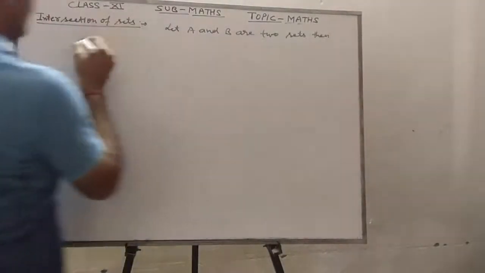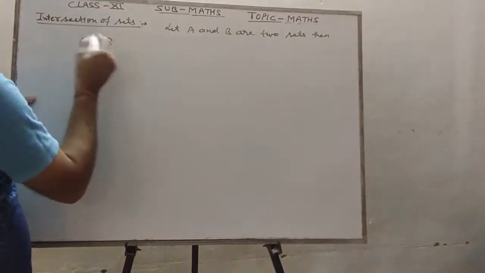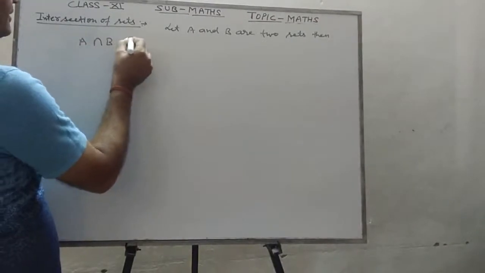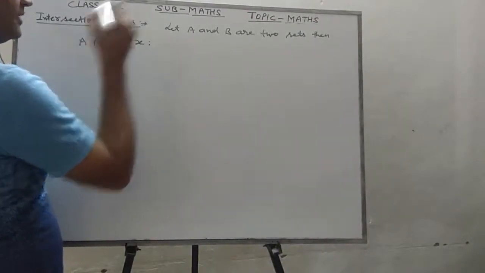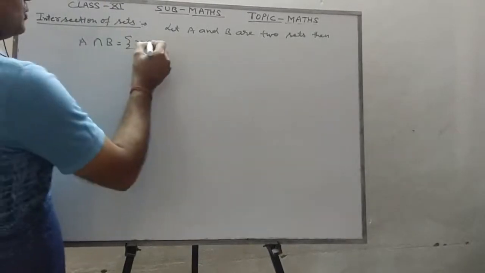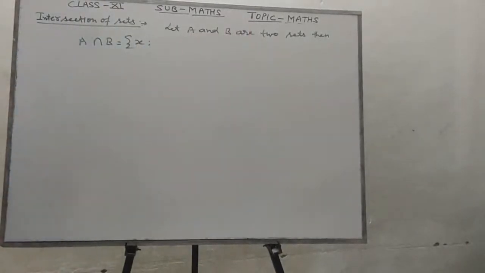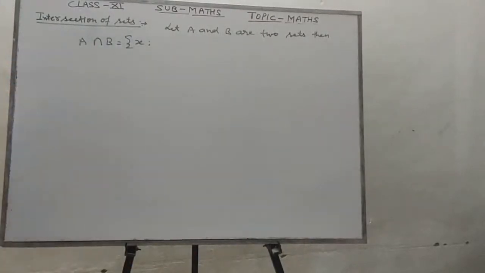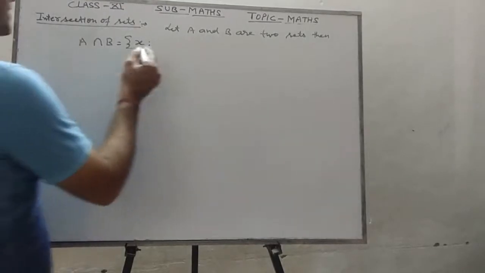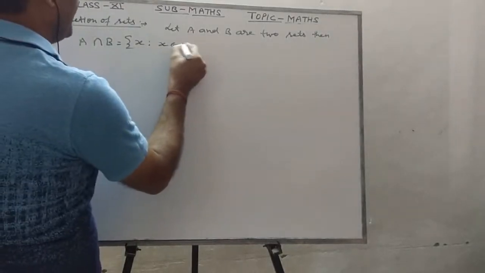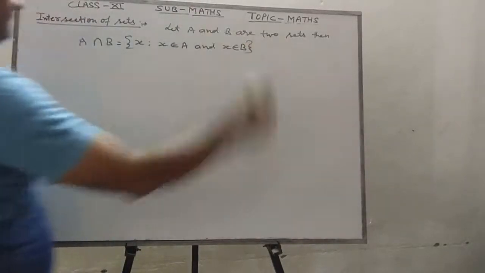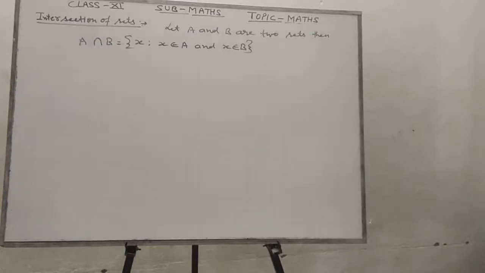Then A intersection B is a set which contains the common elements of A and B. So A intersection B is equal to X such that X belongs to A and X belongs to B. This is the intersection of these two sets.